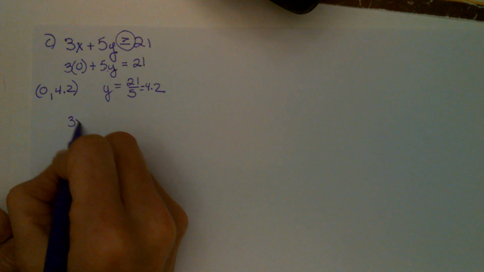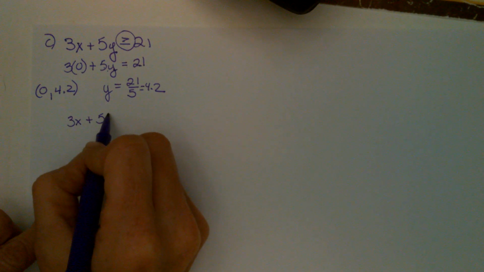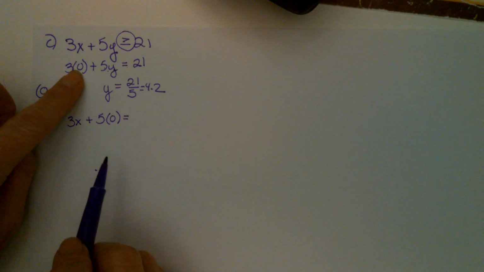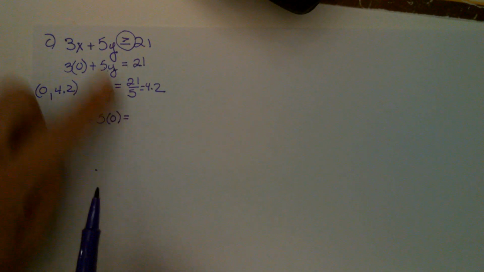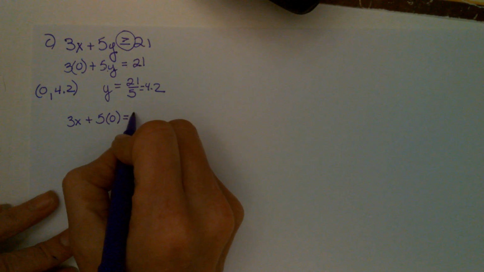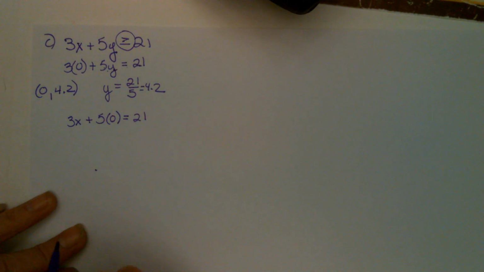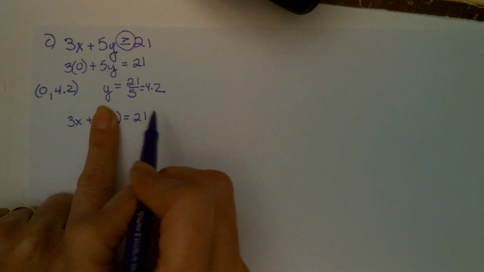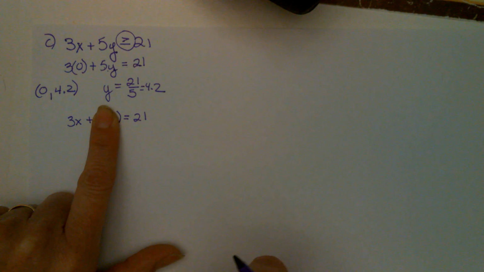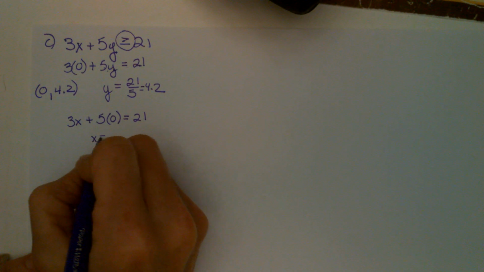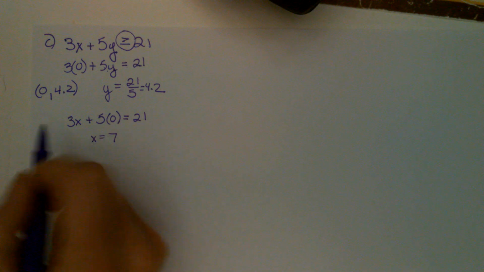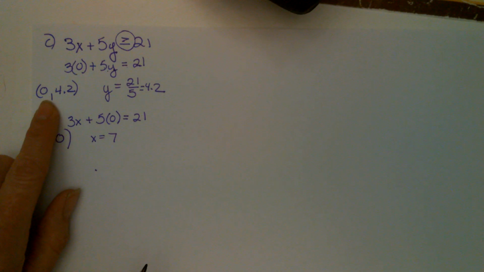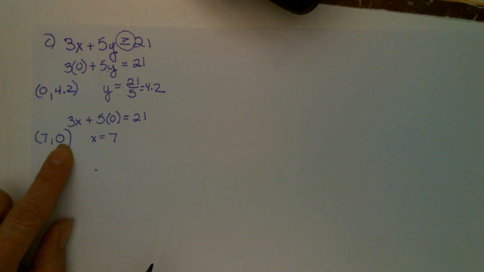So I have 3x plus 5 times 0 equal to 21. Again, I want my x and y intercepts, so that's why I'm plugging in 0 for x once and 0 for y once. 5 times 0 is 0, so I just have that 3x is equal to 21, or x is equal to 7. That gives me my other intercept, (7, 0). So now I have my two intercepts, (0, 4.2) and (7, 0).